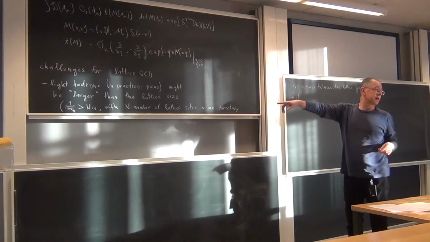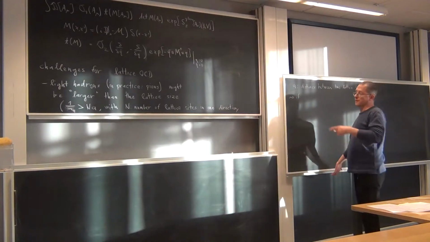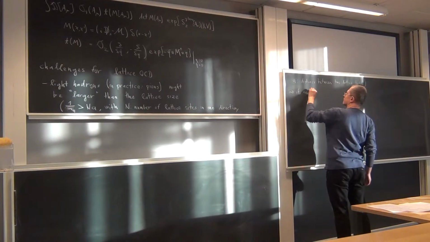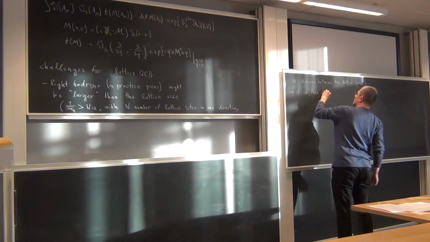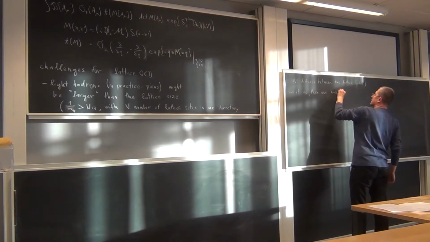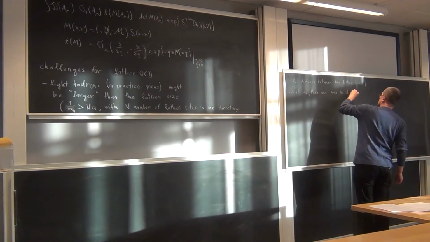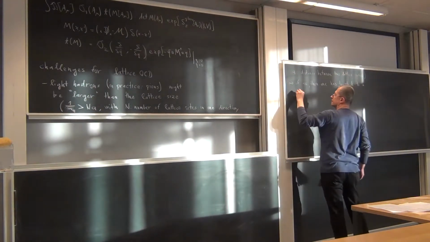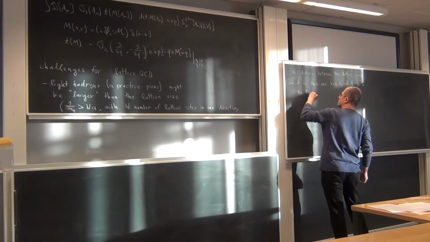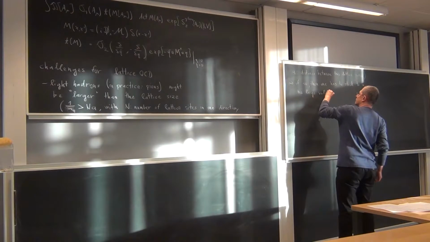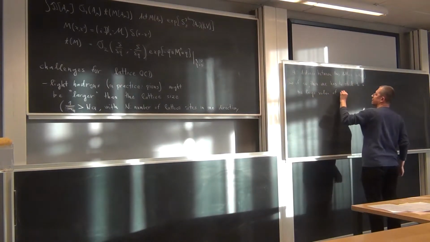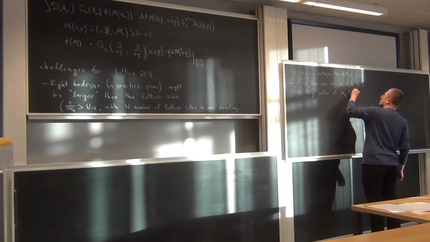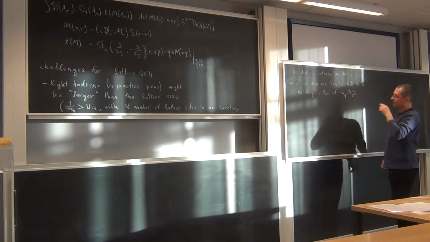So if one cannot have a large enough number for n, then one has to stick to a too large value of MQ, which is the average up-down quark mass.